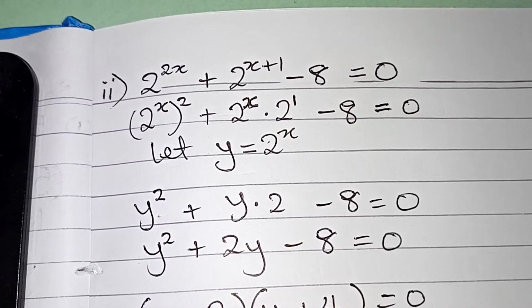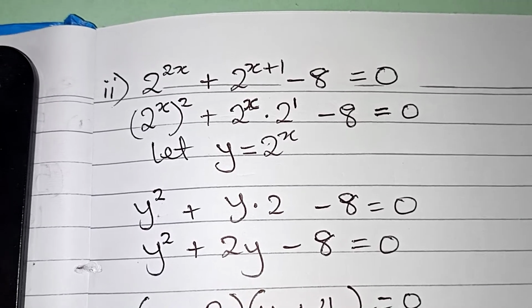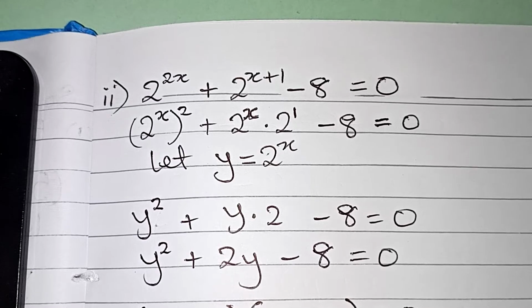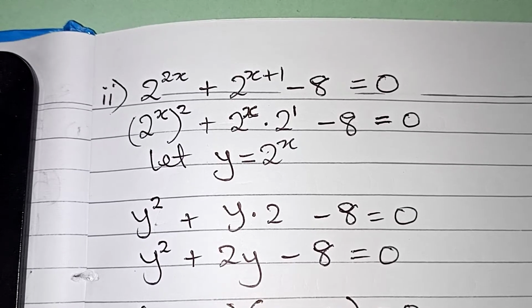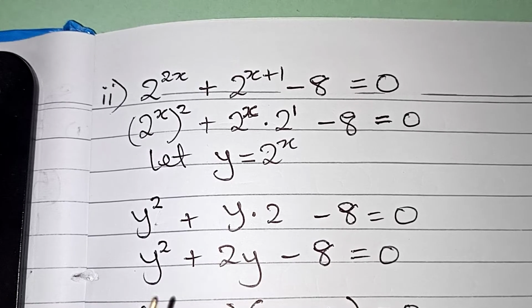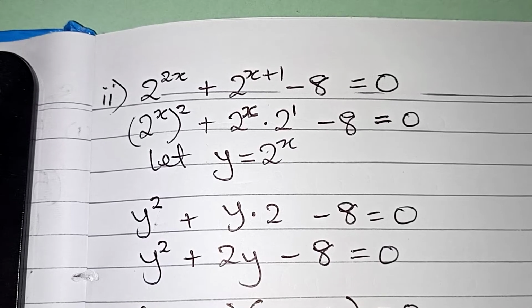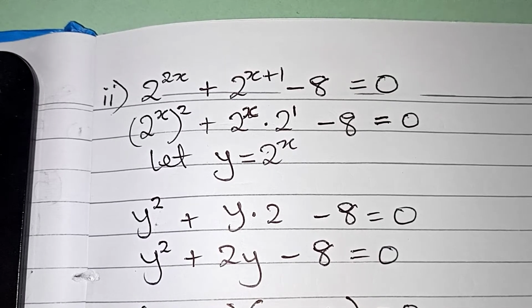So you can see from there we are able to get a proper expression: y squared plus 2y minus 8 is equal to 0. So now can you try to factor out? This time you don't have any coefficients behind y squared. So try to do it. You can pause the video and try solving it.